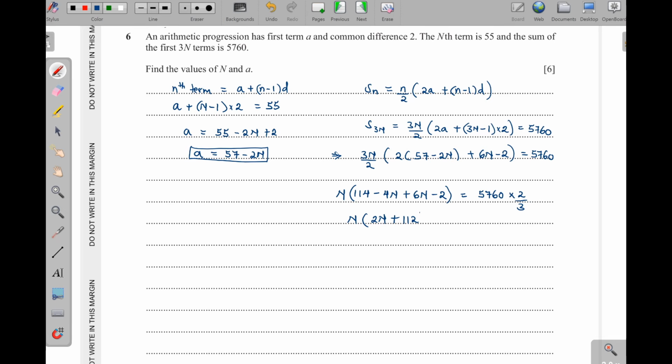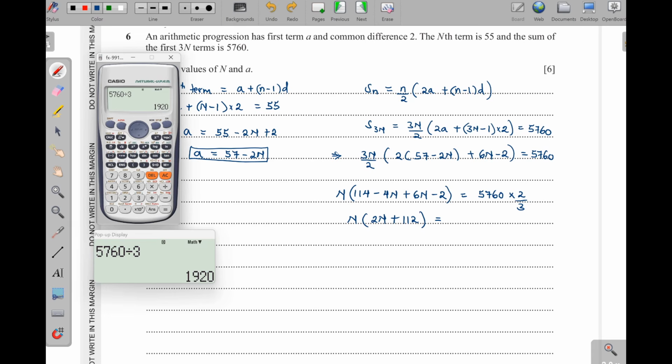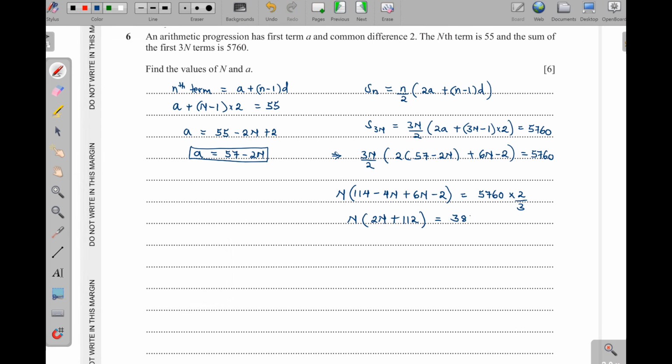Positive 112. And then this other side, remember this one goes here, 5760 divided by 3, that is 1920. Okay, then if we multiply by 2, that one will give us 3840. So when we multiply all through by n, we shall have 2n squared, then plus 112n.